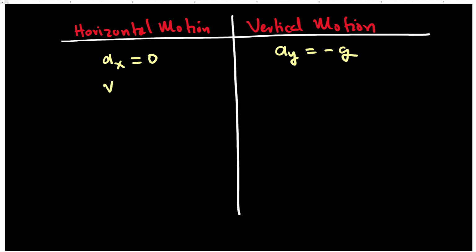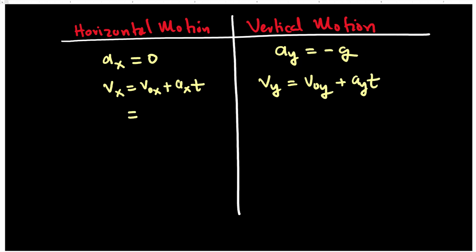So Vx will be equal to Vox plus AXT. Similarly, Vy is equal to VOY plus AYT. This right here will be equal to VOY plus 0. This right here will be equal to VOY minus GT.